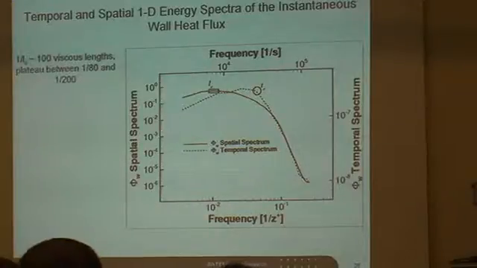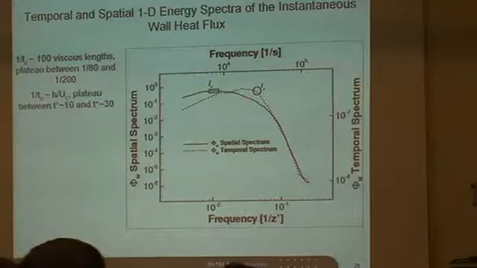You can see that the peak here is at 1 over 100, and this is the average spacing of the structures. So it's very accurate that these structures have something to do with the fluctuation of the wall heat flux. It is not a proof, but it is a good indication.